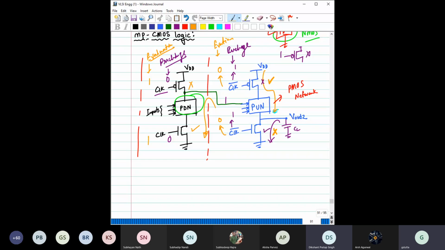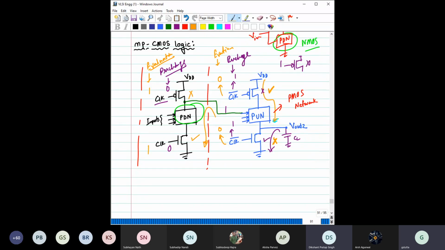So this is that NMOS, PMOS logic. And please make sure of one thing: for the pull down, means the first case, when you are using the pull down network, the output has been taken from here. When you are using the pull up network, output is taken from here.